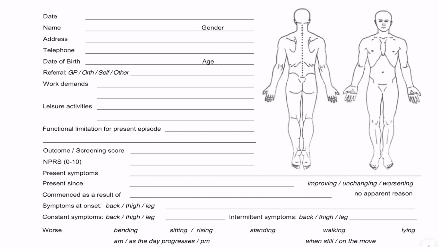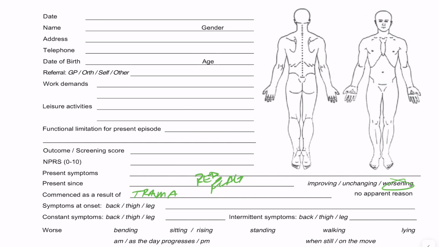So commenced as a result of, if there's trauma, especially in a direct access situation, again, you're thinking about a red flag. Doesn't mean it is, but it just means that you're going to want to ask follow-up questions. Again, the worsening, have they had imaging, things like that.